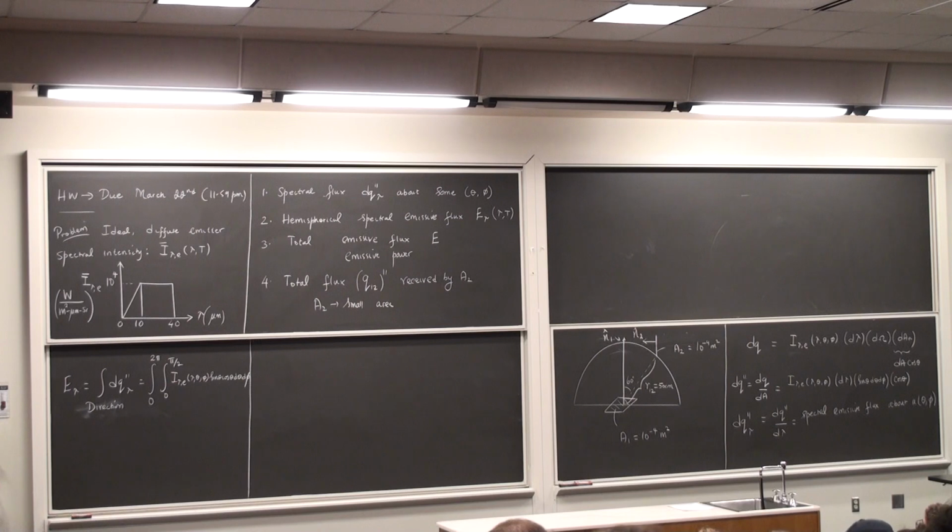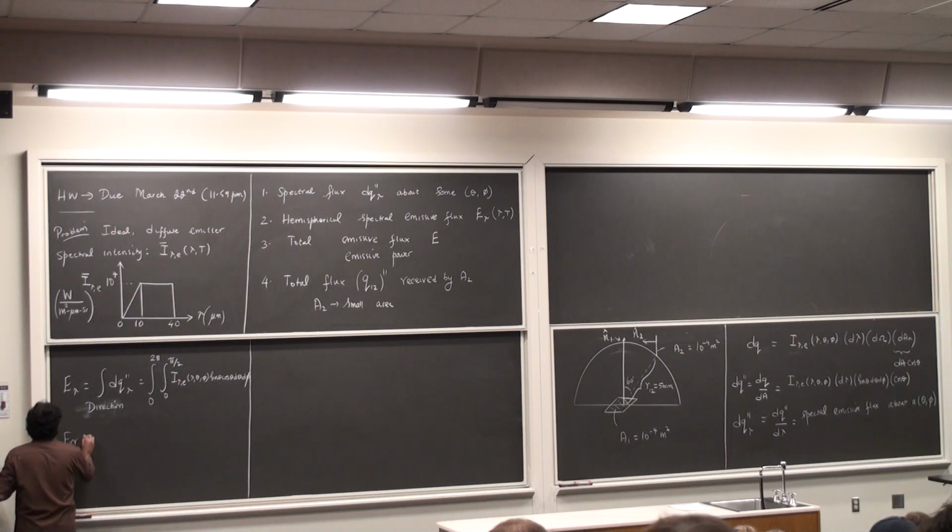And we are in a position to calculate this for our particular problem because of the fact that the intensity is independent of the directions. So I of lambda, theta, phi is just I lambda,e of lambda and temperature only.